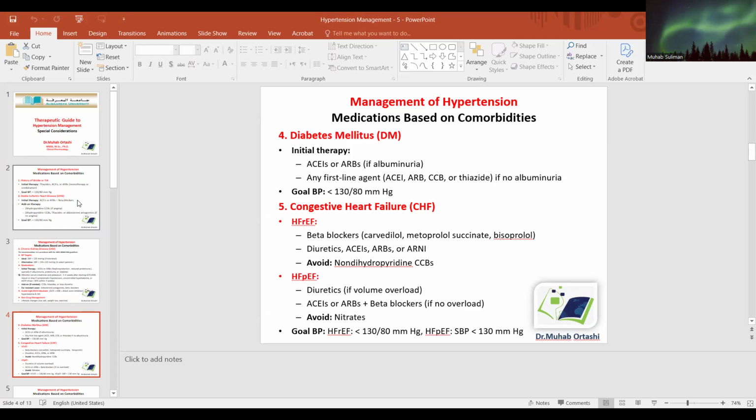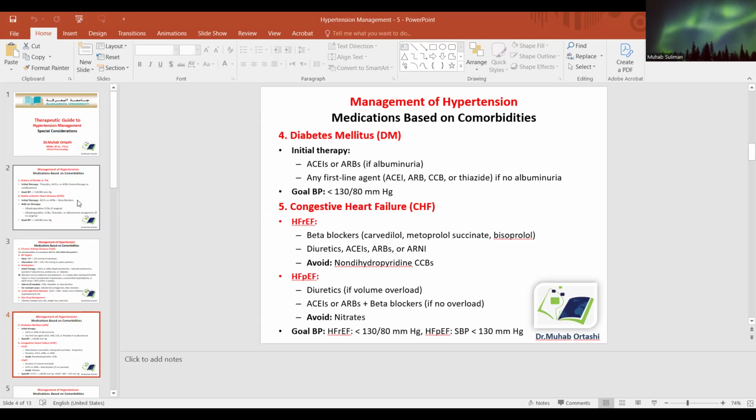If it is right-sided, or if it is left-sided, it could be associated with pulmonary edema. Therefore we use beta blockers and ACE inhibitors and avoid the calcium channel blockers, verapamil and diltiazem.